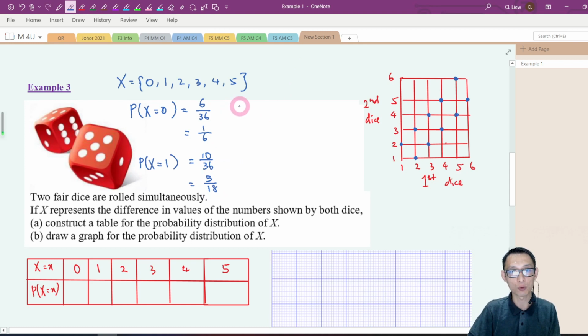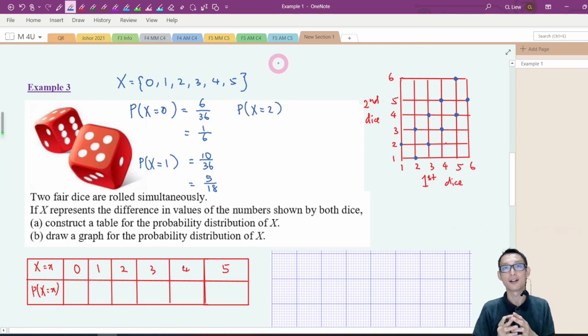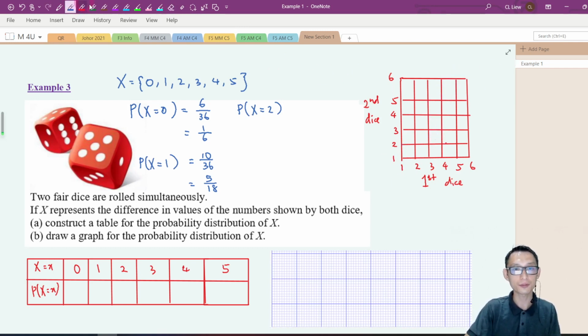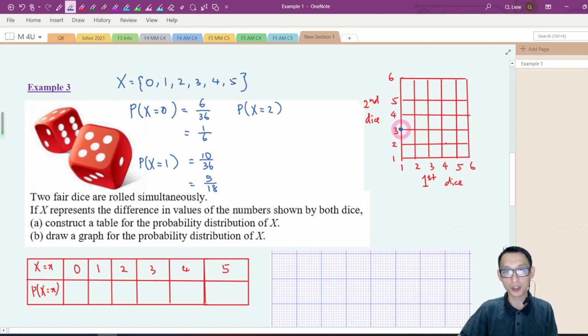Now, let me proceed to x equal to 2, which means I get two numbers whose difference is 2. Let me erase this first so that you won't get confused. So 1 can pair with 3. 3 minus 1 is equal to 2. 2 must be paired with 4. 3 must be paired with 5, and be careful, 3 can pair with 1 as well, because 5 minus 3 is equal to 2, and 3 minus 1 is equal to 2 as well.